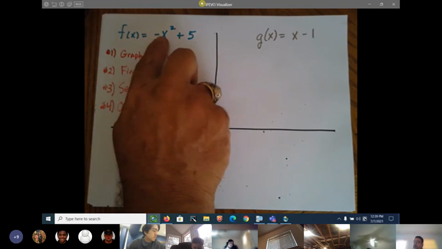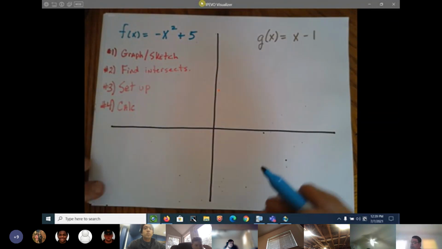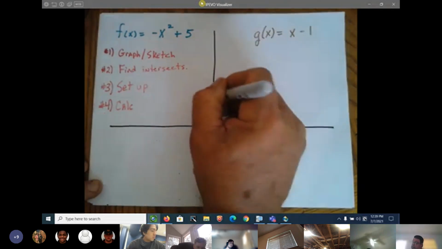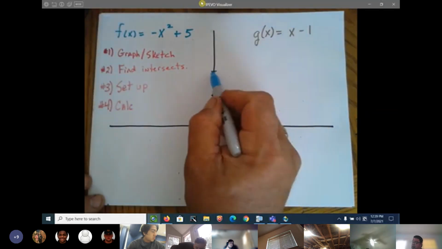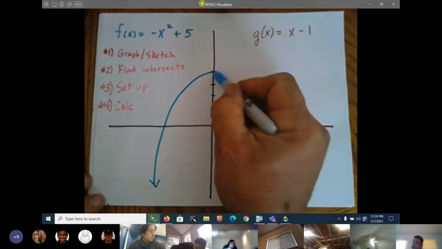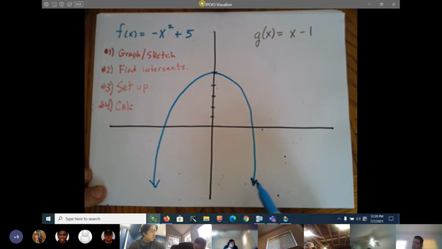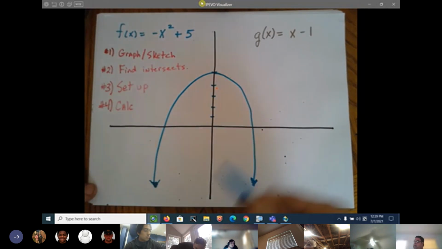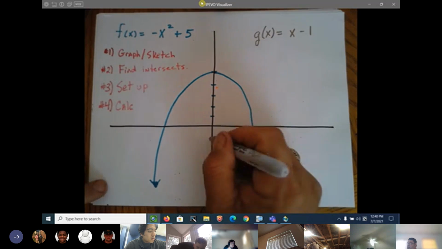So negative x squared plus 5. That means we've got a parabola. 1, 2, 3, 4, 5, and it's opening downward, like that. And x minus 1 has got a y-intercept of negative 1.